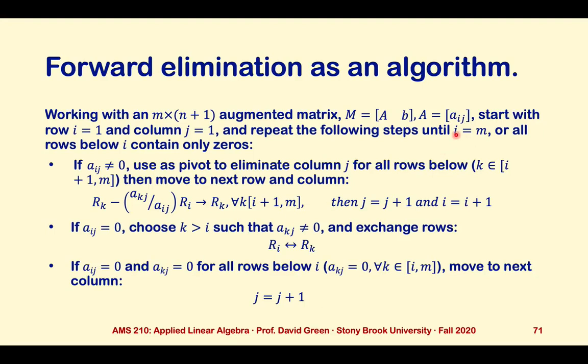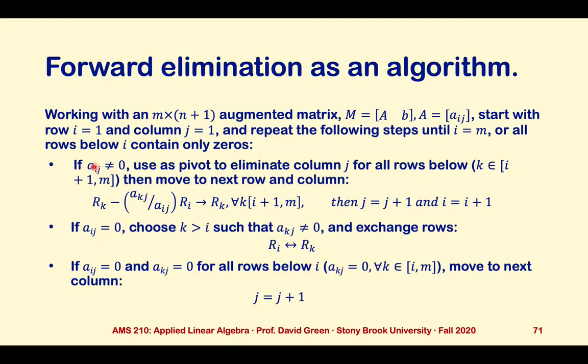And we're going to repeat these steps until i becomes m. One of the things we're going to be doing is increasing i, right? Or we can stop once all of the rows below i contain all zeros. They are equivalent statements. Then what are we going to do in each step? We're going to ask, first of all, what is A_ij?